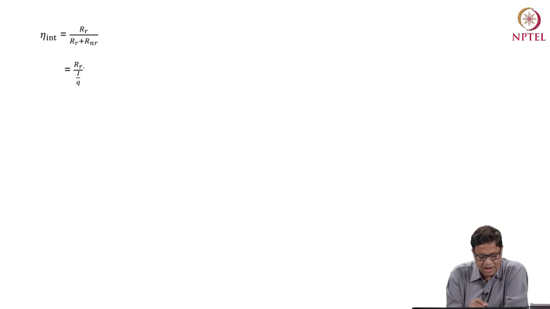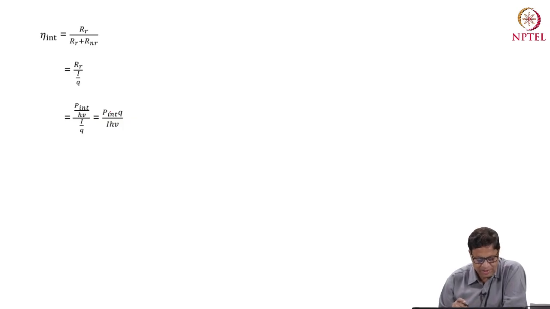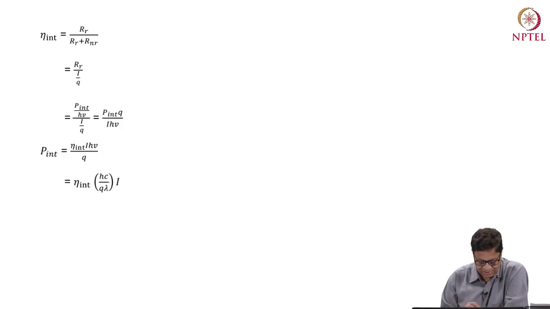The total recombination will be I by q, and the radiative one is P internal, the power generated because of radiative recombination, divided by h nu, where h nu is the photon energy. So the total becomes P internal into q divided by I into h into nu. And so P internal, the power generated inside the device, is eta internal into I into h nu divided by q, and it can be written in a different form.